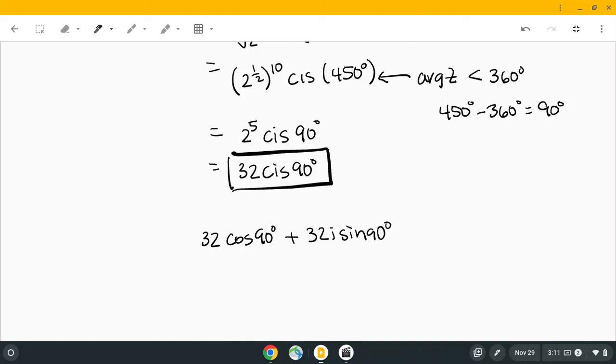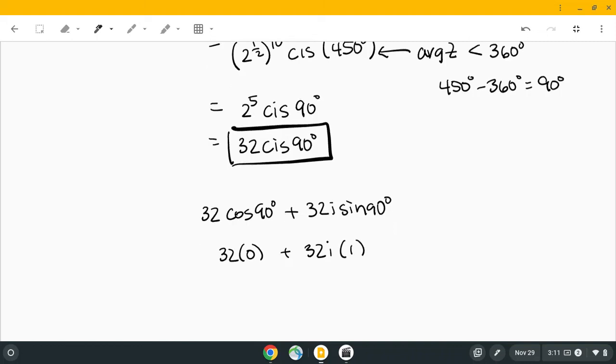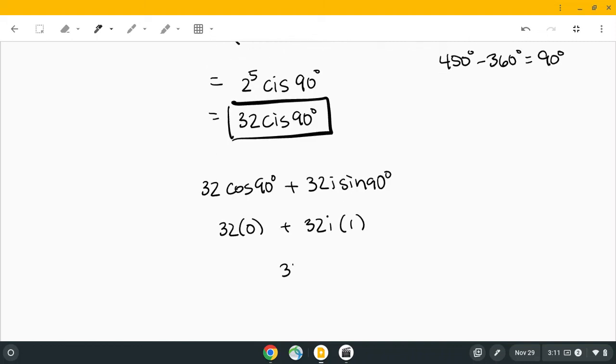Cosine 90 is 0, and sine of 90 is 1. So then we just get 32i. Okay, so this is trig form, and this is the standard form of your answer. That's all there is to it.